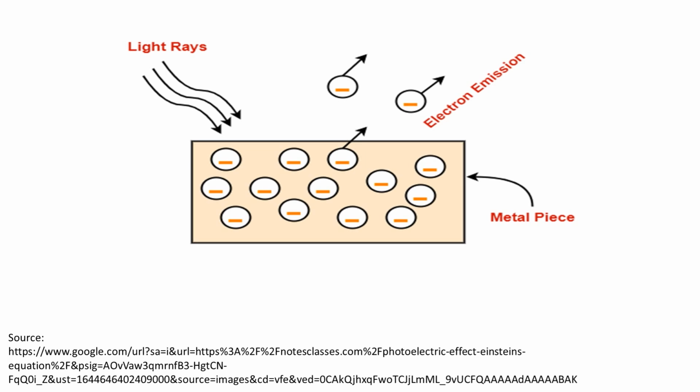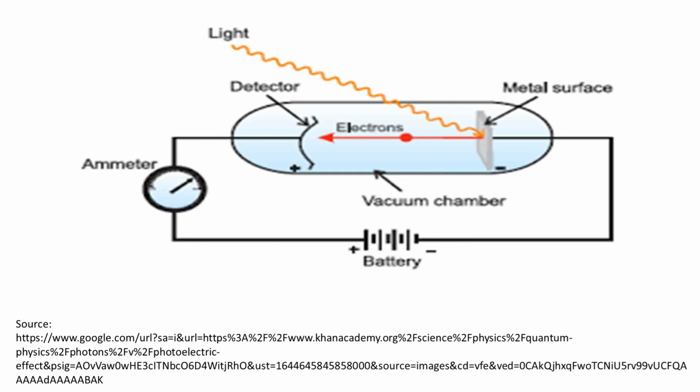Now, this is a very baffling phenomenon. We were not able to understand why this is happening at all, because we are looking at light as an electromagnetic wave, and why is it that when light falls on certain materials, electrons are knocked out of it, and why is it showing this particular behavior?